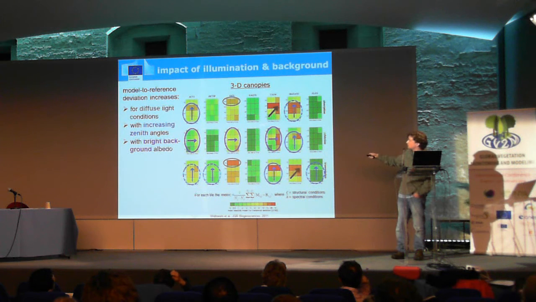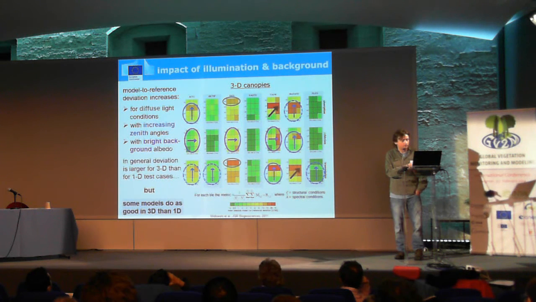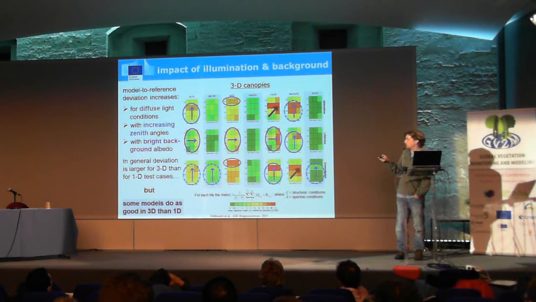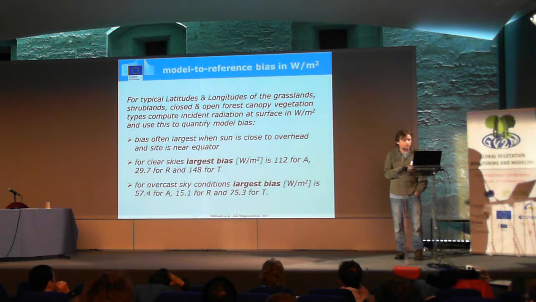For some models you get an increase in the accuracy of both of these. But in general, unsurprisingly perhaps, for the 3D models the models perform a lot worse than for the 1D system. Some models do, in both scenarios.